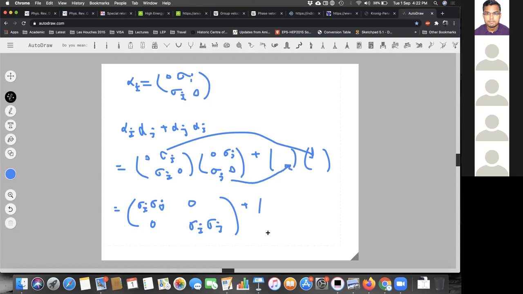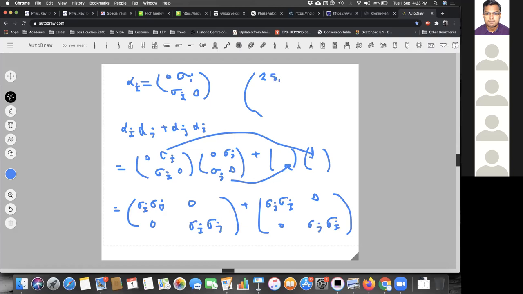It will be the same thing in opposite order: sigma j sigma i, times 0 here, and this is sigma j sigma i. And if you add these two, what will you get? You will get a diagonal matrix which looks like this: sigma i sigma j plus sigma j sigma i. This is nothing but twice delta ij, right?